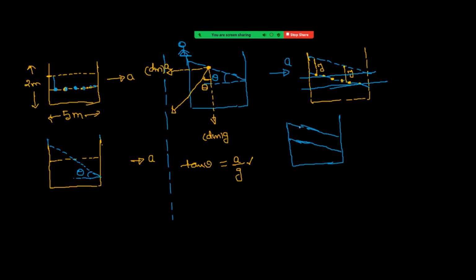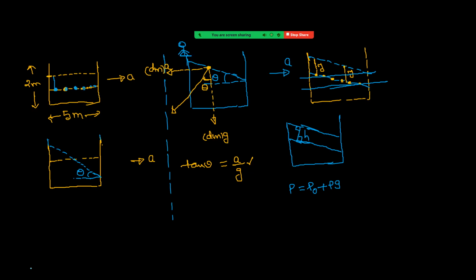Between these two, the separation is h. In that case, the pressure in this layer is equal to P naught plus rho g h.